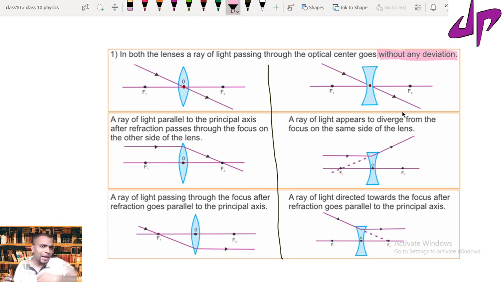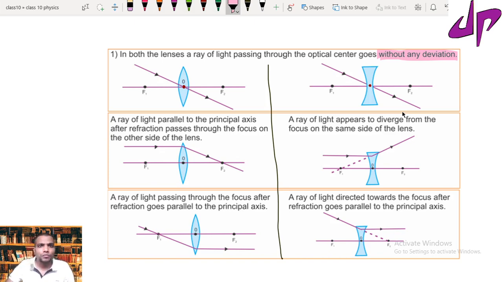There is no refraction in this first case. The light ray goes straight from one side to the other if it is passing through the optical center. So the light ray does not refract if it passes through the optical center. That is the first rule.